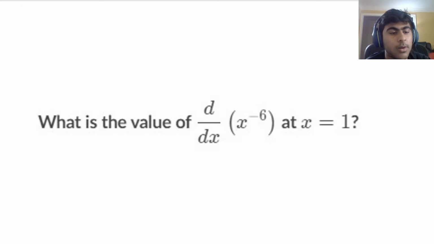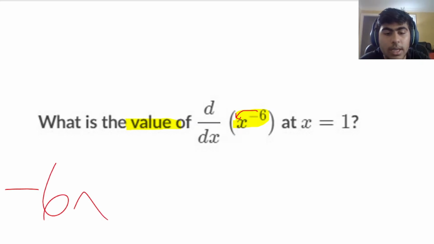All right, now we're being asked for something different. We're being asked to evaluate these, the value of. We're not just being asked to find the derivative of x to the negative 6, which if we did do, because let's get some more practice, we bring the 6 down, and we get negative 6 times x to the negative 6 minus 1. Not negative 5, negative 7.